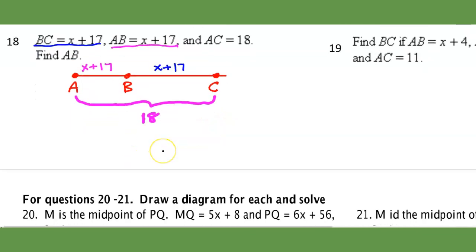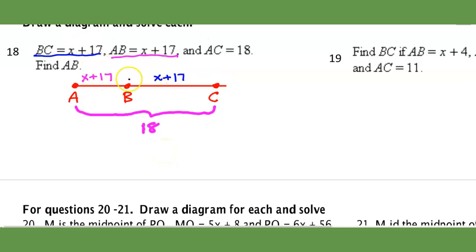So just like the problems before, we just need to add the two pieces and they should add up to the big segment. Two small segments add up to the bigger segment. So we have two of these, right? Here's 1, here's 2. So I have 2 times x plus 17, and that's equal to 18. Divide both sides.